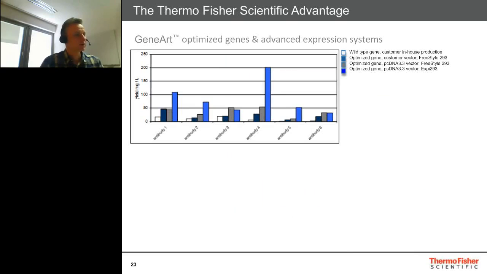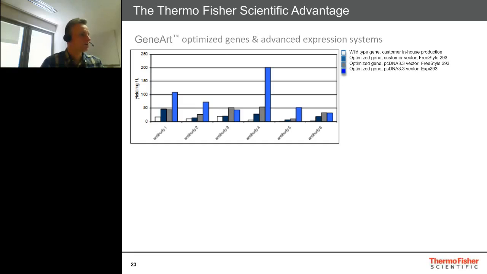Another example is shown here. This is also selected from a larger study. These are all antibodies, and the white bar here is the wild type gene from customer in-house data. And then we used an optimized gene cloned into a customer vector and a freestyle system.